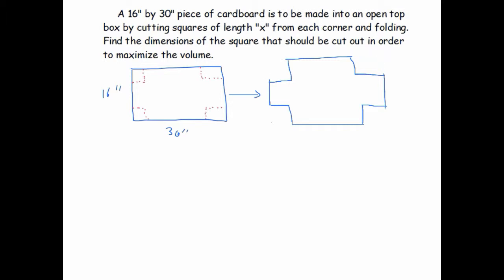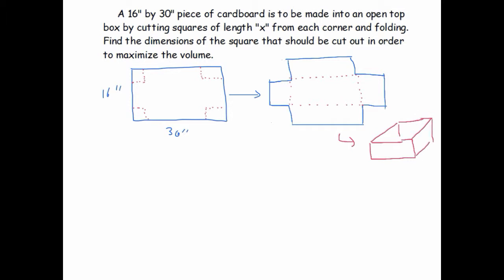All right, and if you fold along those creases right there and fold up, what you can end up doing is you can make a box. Let's see how my intro to drawing skills from college come in.